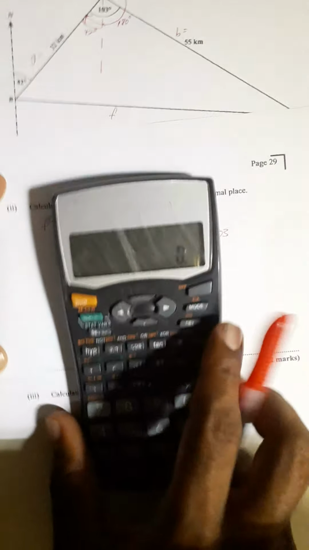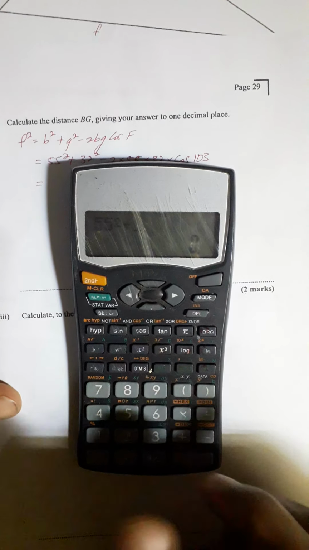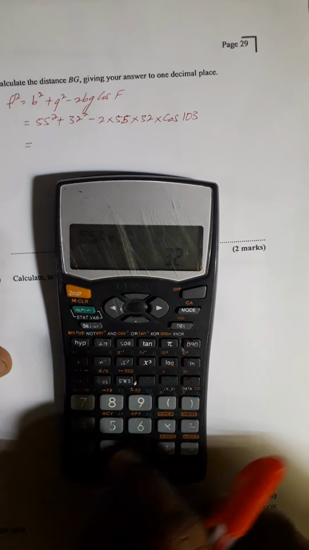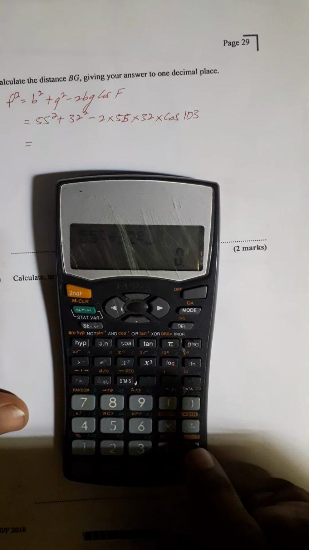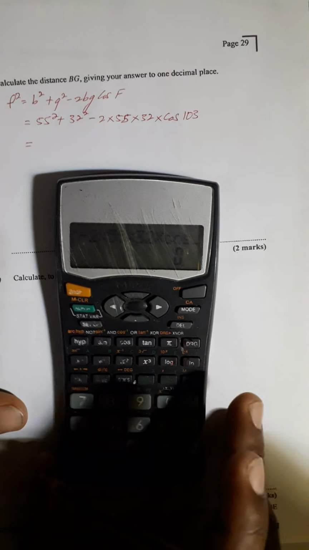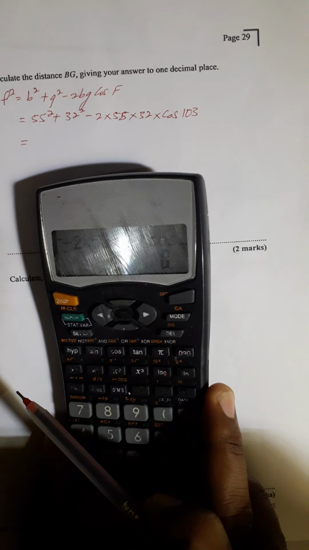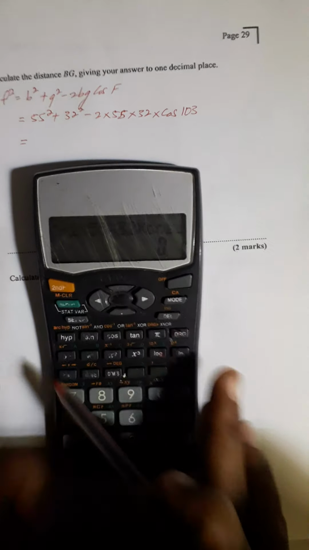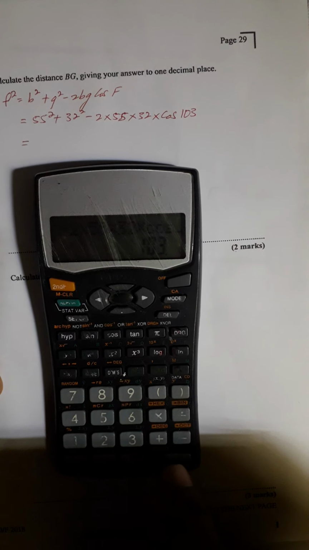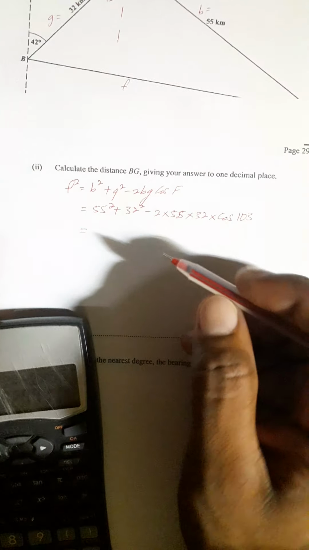So 55 squared plus 32 squared minus 2 times 55 times 32 times cos 103. Always double check because you might enter a wrong figure, and always ensure that your calculator is in degree mode. Good, so we have a big number here, 4840.828.